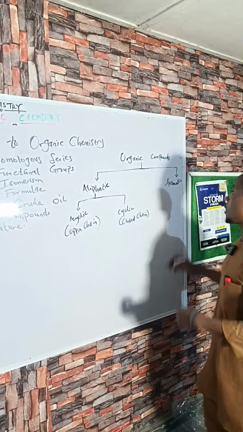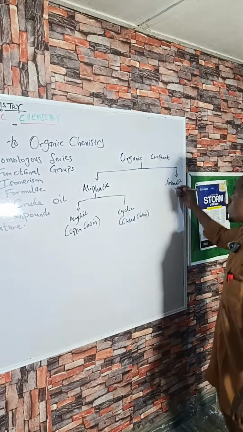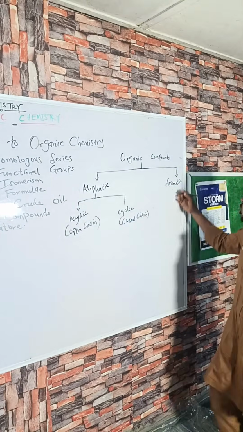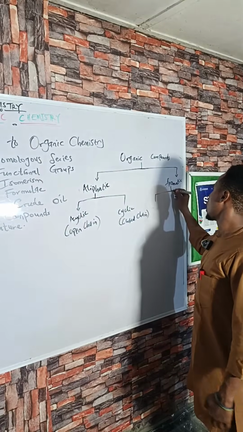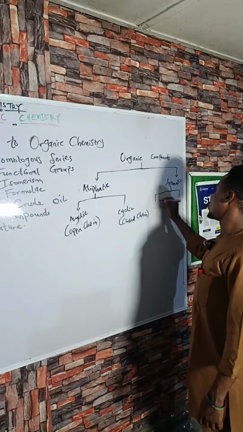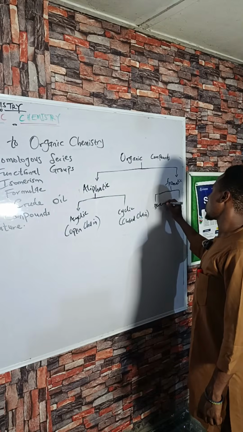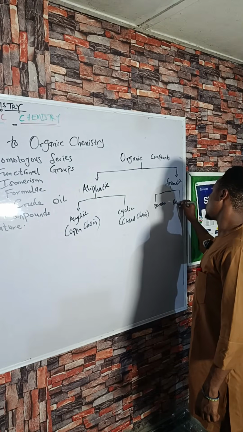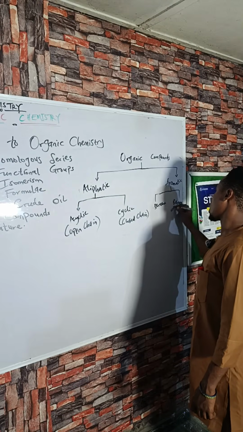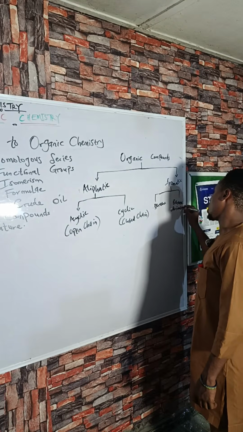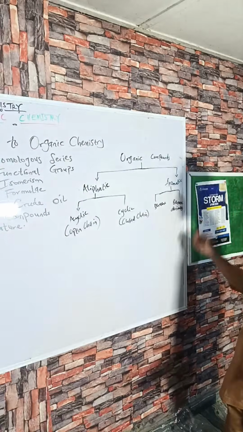Now for your aromatic, of course, those are benzene-containing compounds. There can be the pure benzene, and then we can have benzene derivatives, those that have other elements, toluene, phenol, and the likes of them.